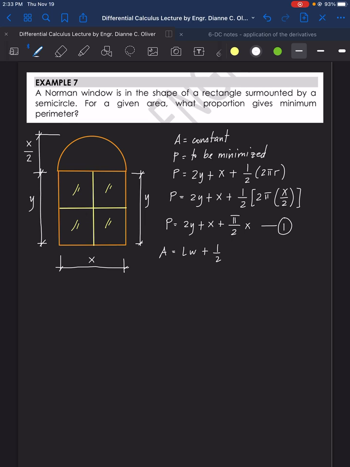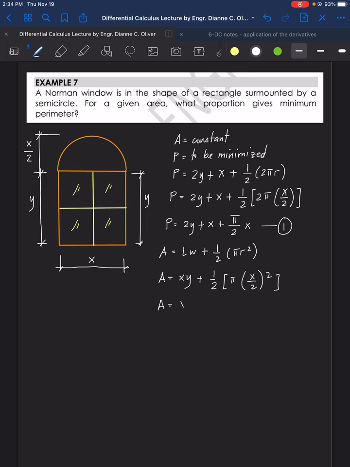Area of the circle is pi r squared if we're using the radius. Now area is equal to the length, say x times y, plus 1/2 of the pi, the radius is x over 2 squared.